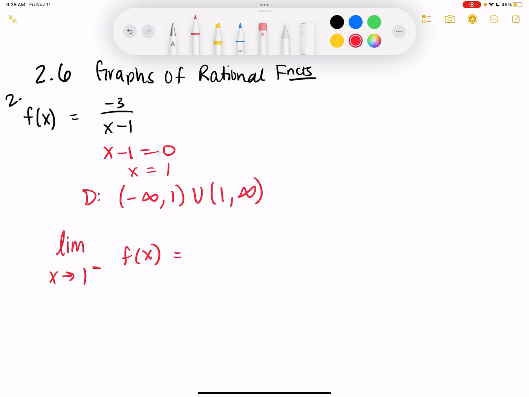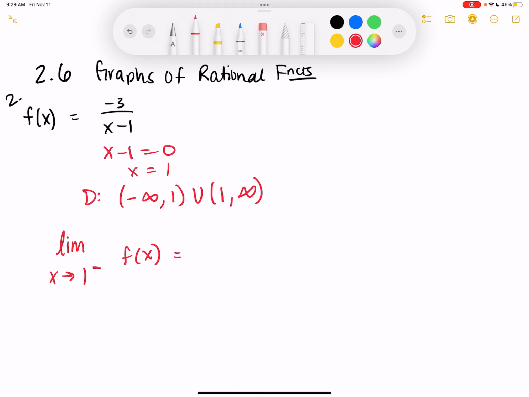So from the left, if we're getting close to 1, that's like 0.9999, okay? So what happens as I have that? So you have a -3 over 0.9999 minus 1, would be what? Positive or negative? Negative.